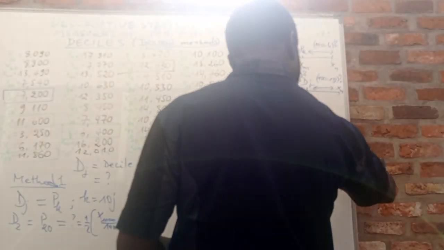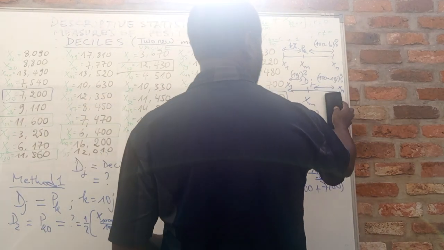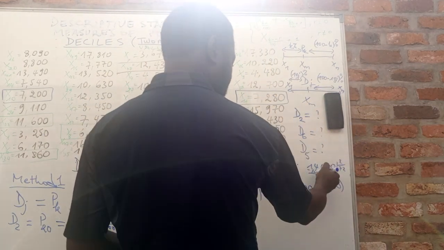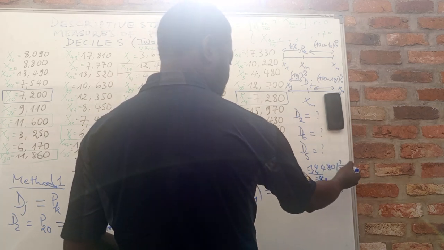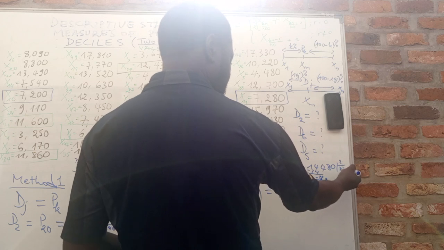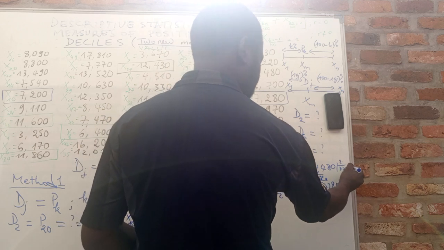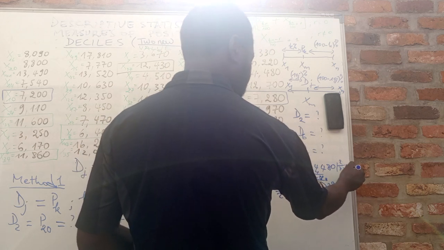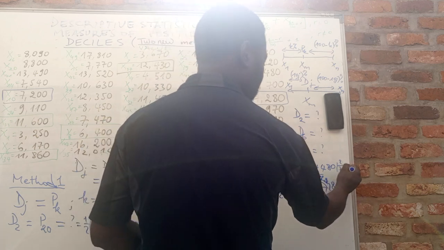I have a problem here. 7, 14, then I have this 4, whereby 2 times 2 is 4. So I have 8, then 4. 4 times 2 is 8, minus 8 is equal to 0. Then I have this one.